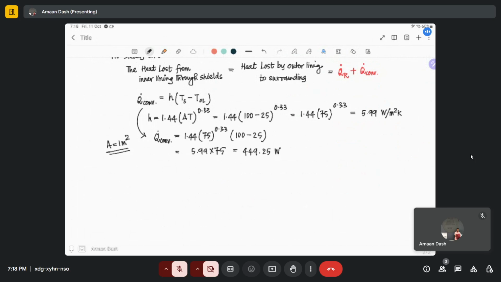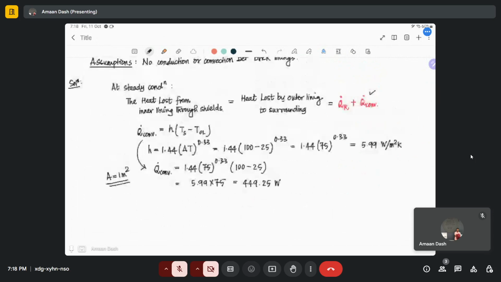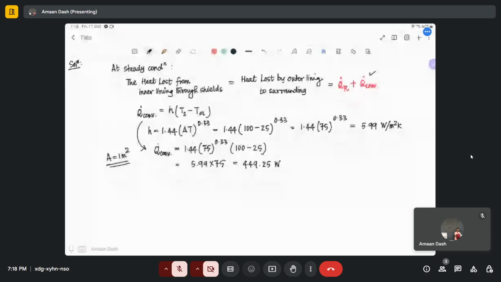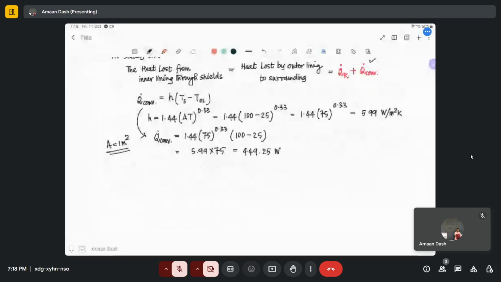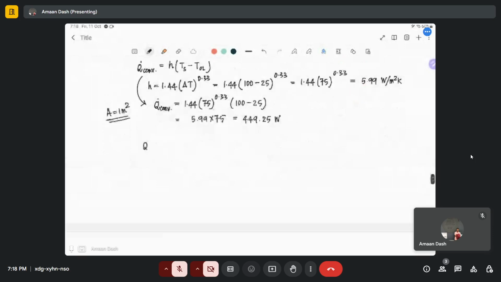Now h we can calculate from the empirical correlation that is given here: 1.44 times delta T to the power of 0.33. Delta T, it is given the air temperature is 25 and outer lining is 100. So 100 minus 25, to the power of 0.33.